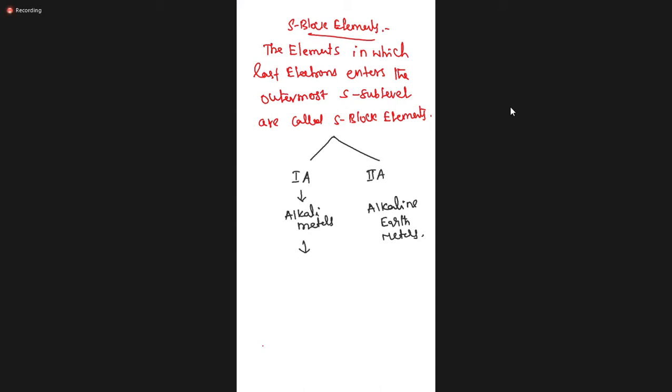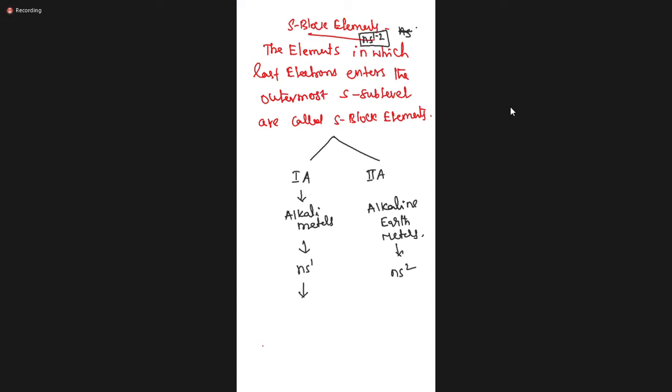What is the general outermost electronic configuration for S block? ns1 and ns2. For alkali metals, the general outermost electronic configuration is ns1, and for alkaline earth metals, ns2. What elements are there in the first A group?